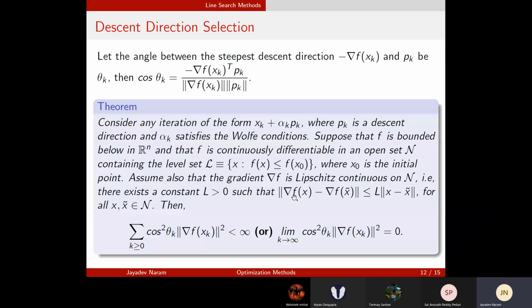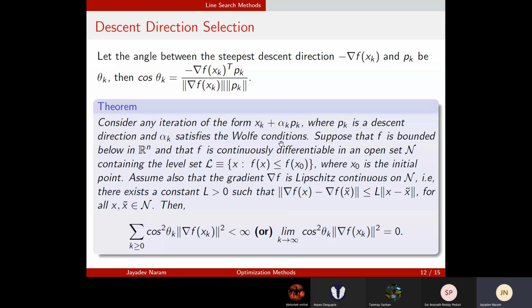This is a very tricky inequality to understand, but it turns out to be a key point that actually ensures optimality.